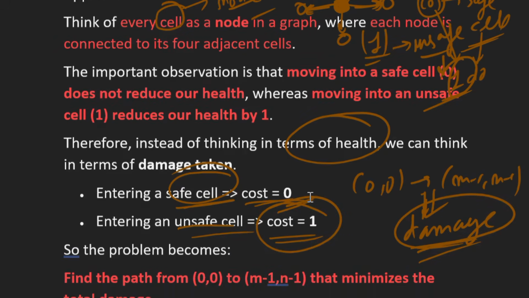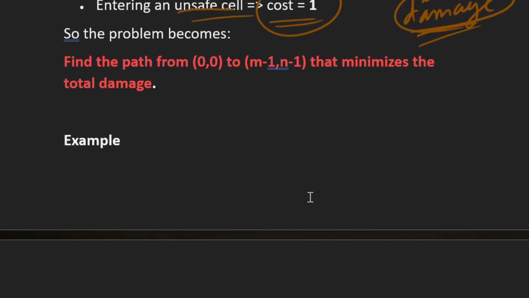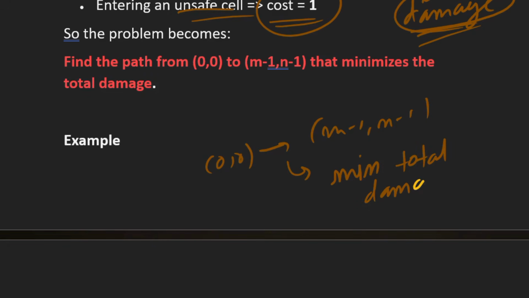So now we have converted our current problem into a different problem. That is, we have to find a path from 0 comma 0 to m minus 1 comma n minus 1, such that we minimize the total damage done to us in the path.